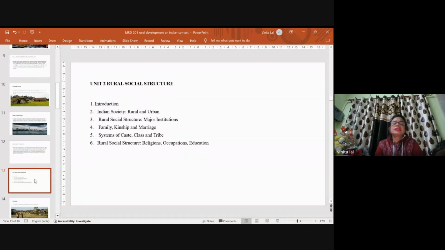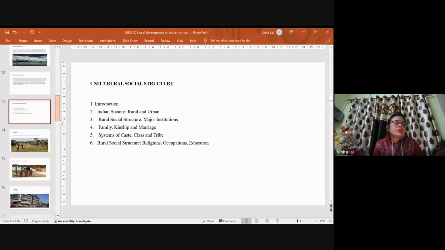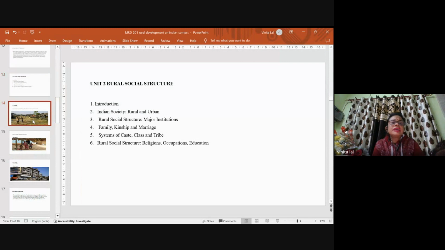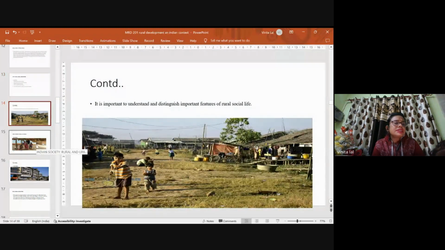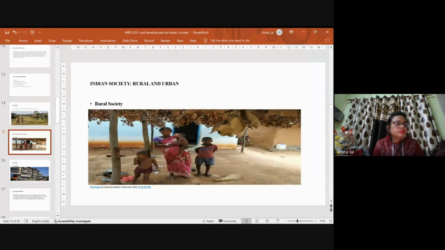In rural social structure, I will discuss major institutions, that is family, kinship, and marriage, the system of caste, class, tribe, and rural social structure including religion, occupation, and education. Now come to the next slide. This is all related to pictures of these things. Rural society, as I told you, and urban society also.